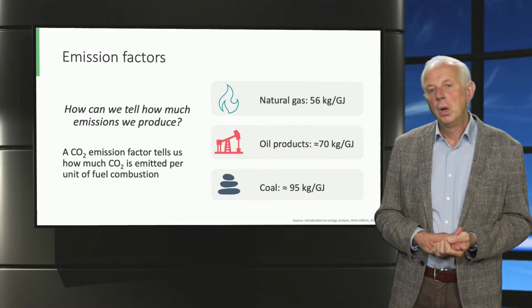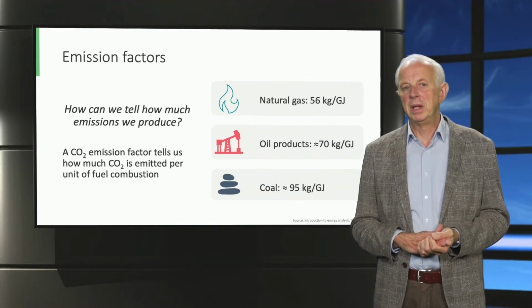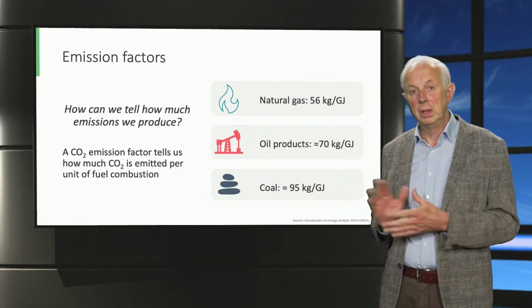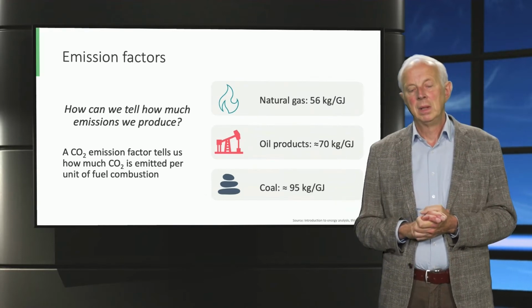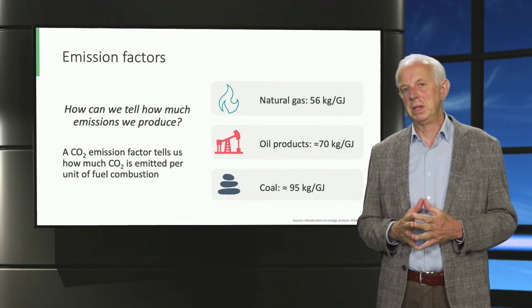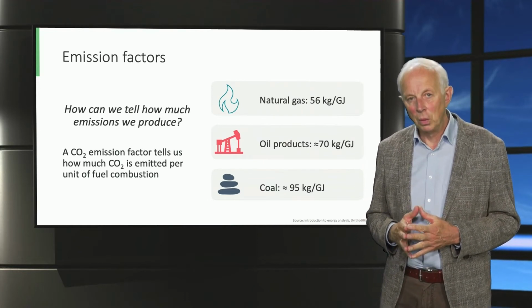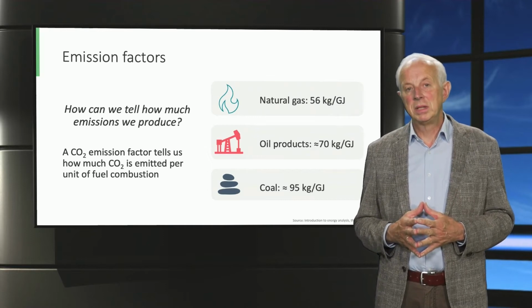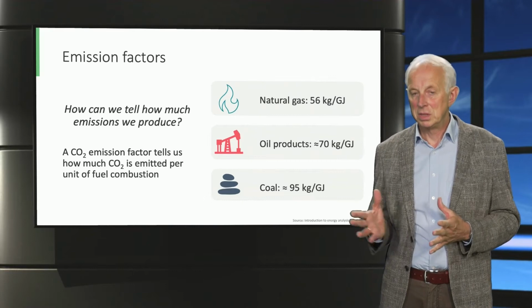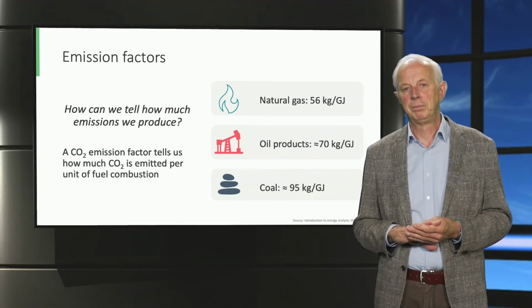Oil has a somewhat higher carbon intensity, with a typical value somewhere around 70 kg per gigajoule. There is a variety of oil products and their emission factors differ a bit. Finally, we have coal, which is the most carbon intensive, with a typical emission factor of about 95. This is valid for hard coal.